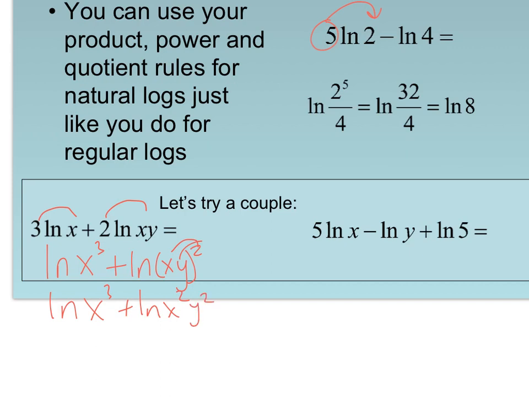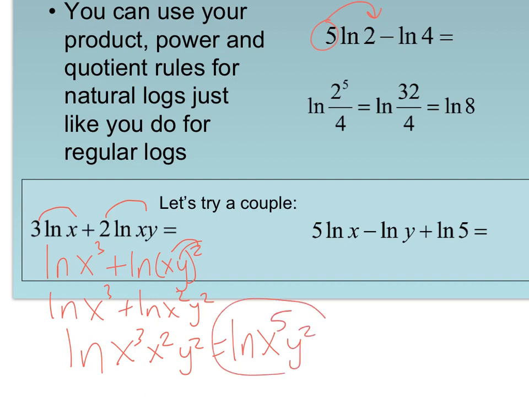Then I can put them together. Since it's addition, it becomes multiplication. So I'm going to have x cubed times x squared, y squared, all multiplied together. So really what I end up with is natural log of x to the 5th, y squared, once I condense it all. Same rules as logs. Just one less letter. How great is that?